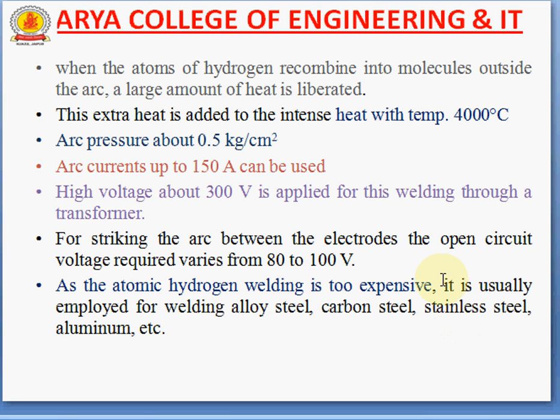The important role in this welding is that when the atoms of hydrogen recombine into molecules outside the arc, a large amount of heat is liberated, and cooling is also provided by the hydrogen, so the metal is not overheated. The intensity of heat is generally maintained up to 4000 degrees Celsius.